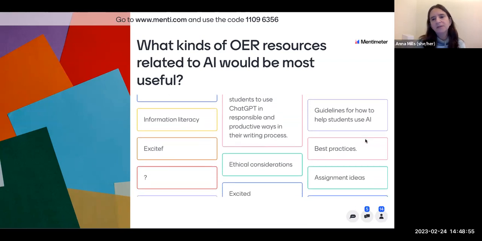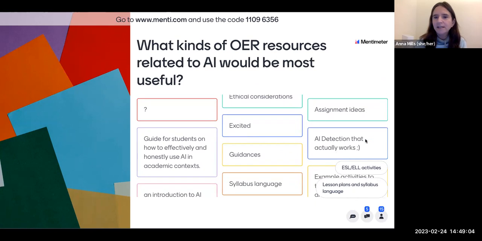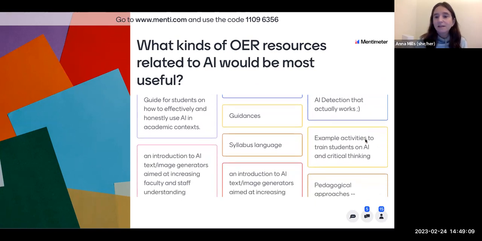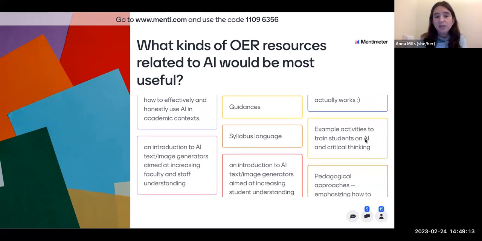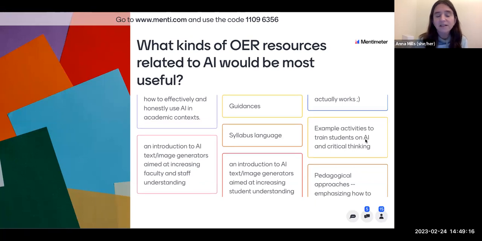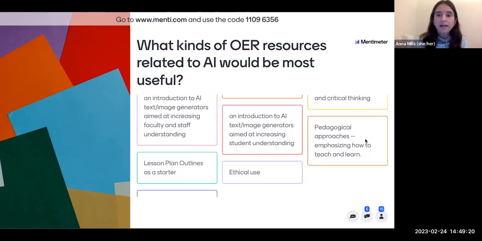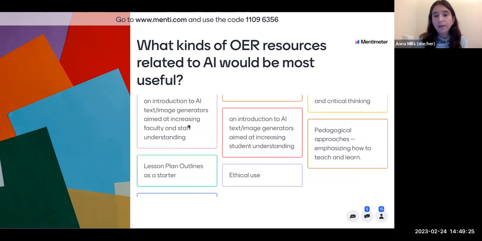Guidelines for how to help students use AI. Yeah, so teacher-facing materials that we can come up with, best practices, assignment ideas, example activities, syllabus language, introduction to AI text and image generators aimed at increasing faculty and staff understanding, lesson plan outlines, and parallel an introduction that's aimed at increasing student understanding.